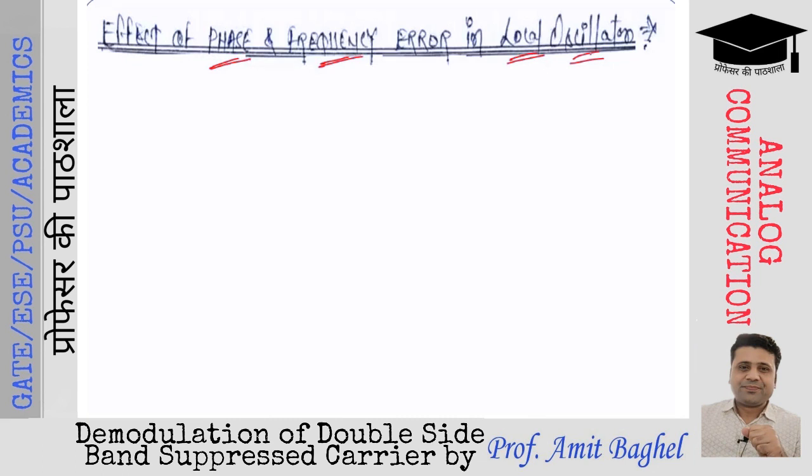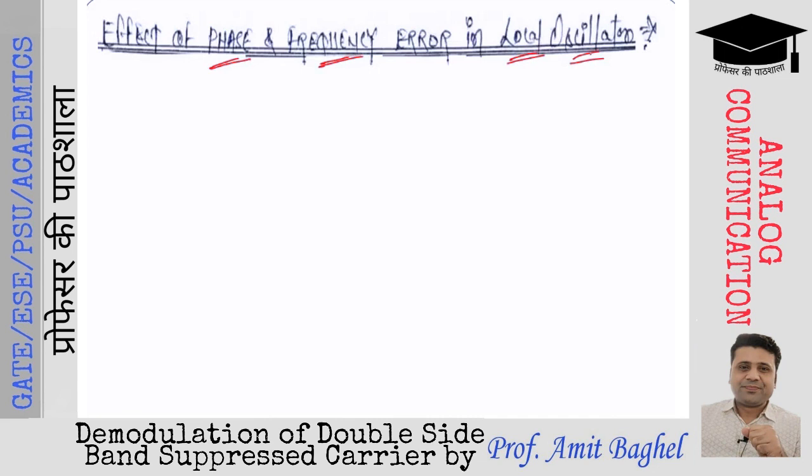That means when the local oscillator tries to generate the carrier frequency fc, it may not be in sync with the same phase as the phase being generated from the transmitter side.